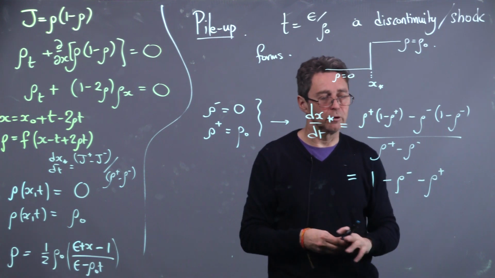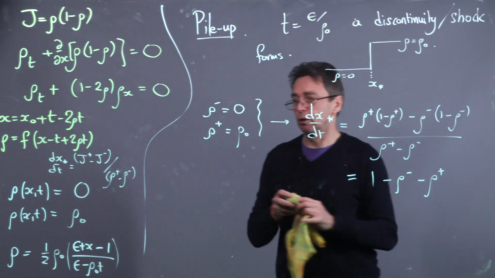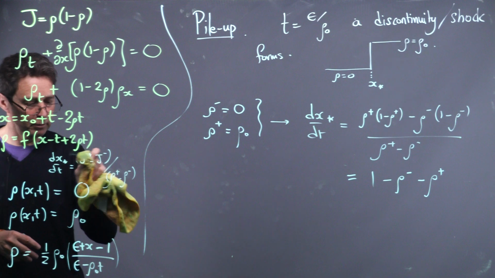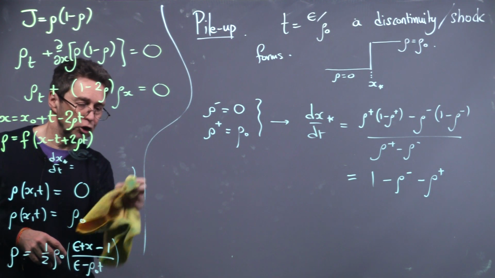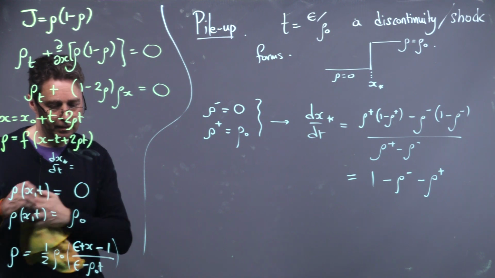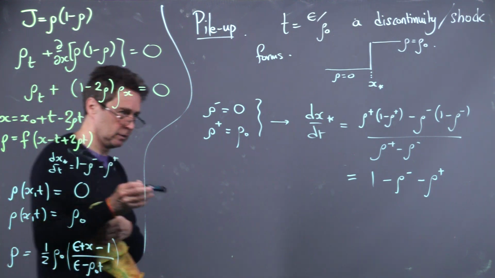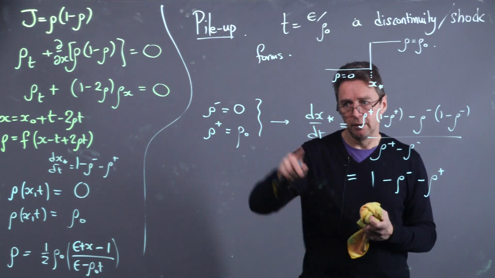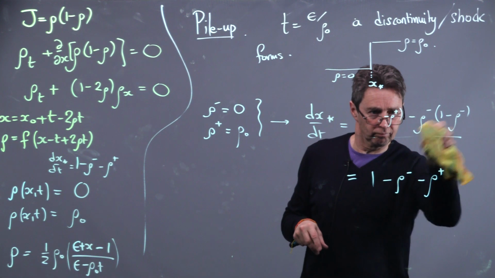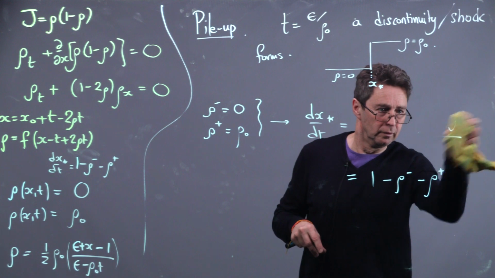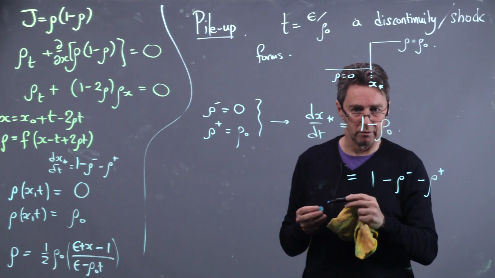I can cancel off a rho plus minus rho minus to get there. So for our particular model problem, which I may as well continue with over here, the actual shock speed is 1 minus rho minus minus rho plus. And for the values that I've got there, that's just 1 minus rho 0.